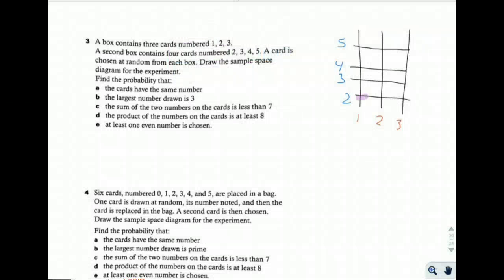That's a pretty easy one. Not that easy, I guess. 2 and 2, 3 and 3. So there's basically 2 possibilities out of a total of 4 times 3, 12 outcomes. So 2 out of 12.